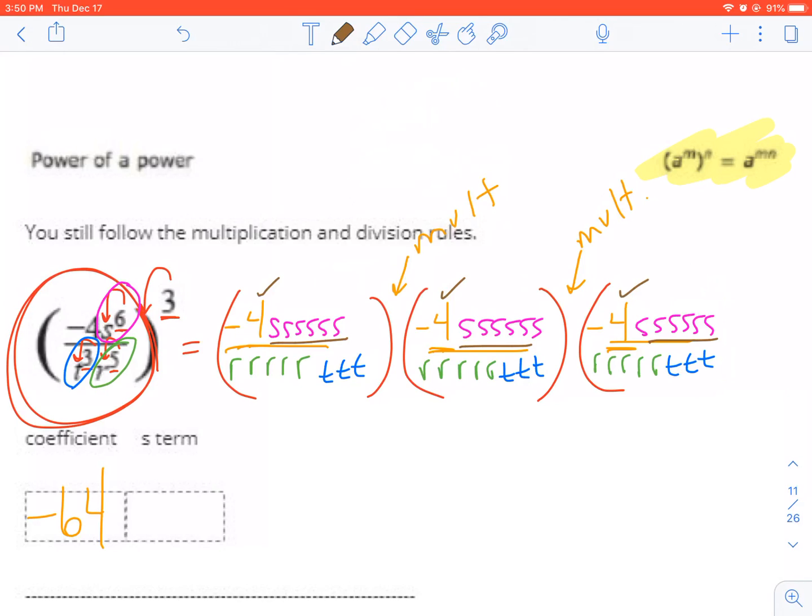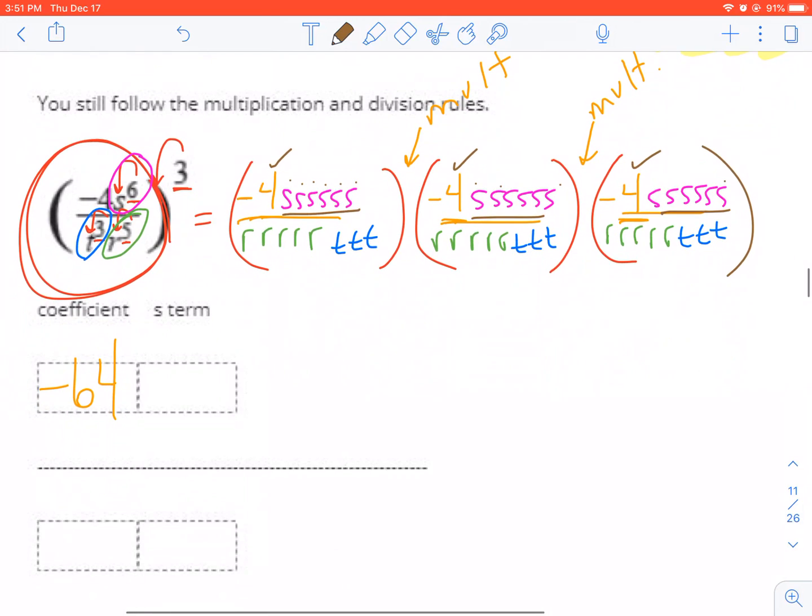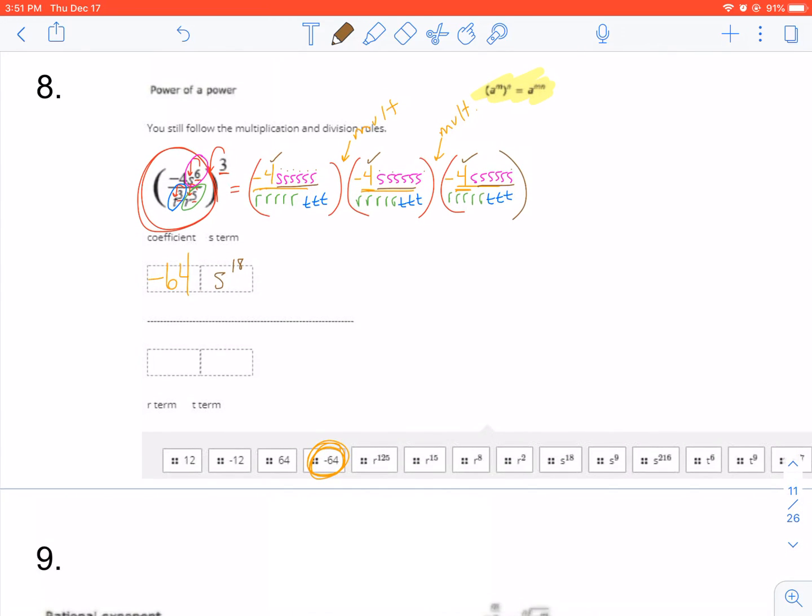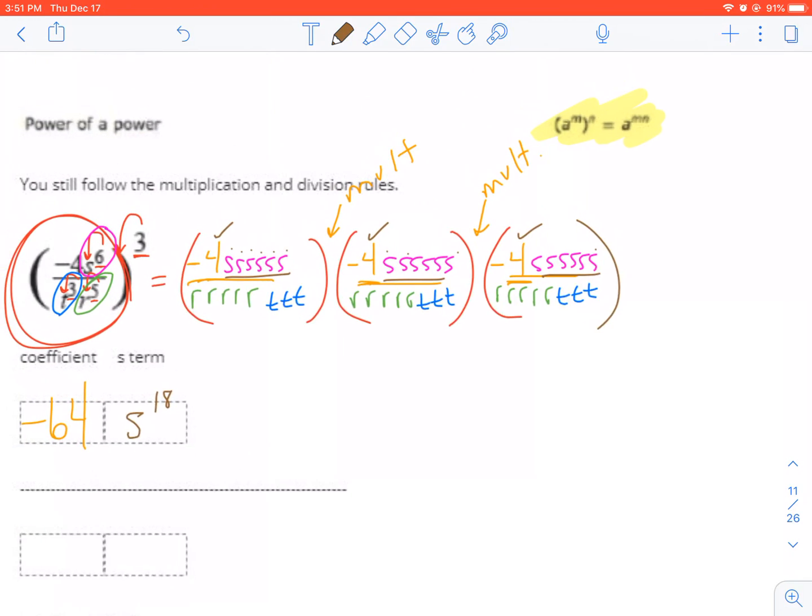And counting them, like I said, all the way across will always work. 1, 2, 3, 4, 5, 6. And then that's going to be 12. And then that's going to be 18. And I'm going to put those on the top because that's where they are. S to the 18th power. And as we go, we can always check our answer choices so that we know that we did it right.